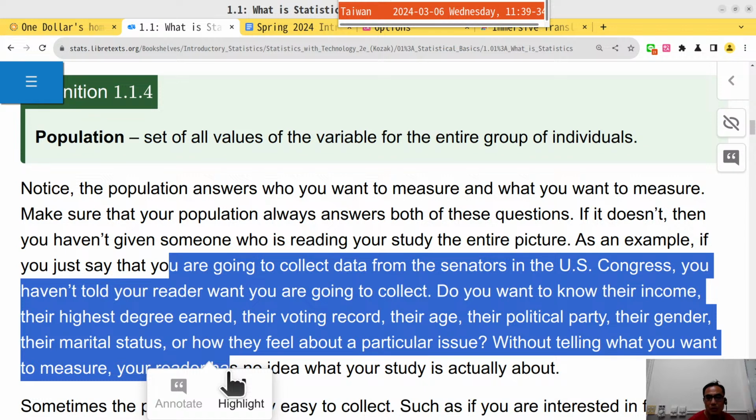Now notice that it's exactly 0.60, which corresponds to 60%. To find the 60th percentile, you need to average these two values. So you have to do 5 plus 6 divided by 2. The average of 5 and 6 is 5.5. And so that's going to be the 60th percentile.